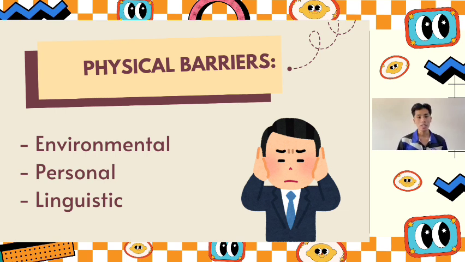The listener is not truly listening to understand the speaker's message, but is instead preparing their own counter-argument or rebuttal. So they miss the crucial information because they are not fully present in the moment.